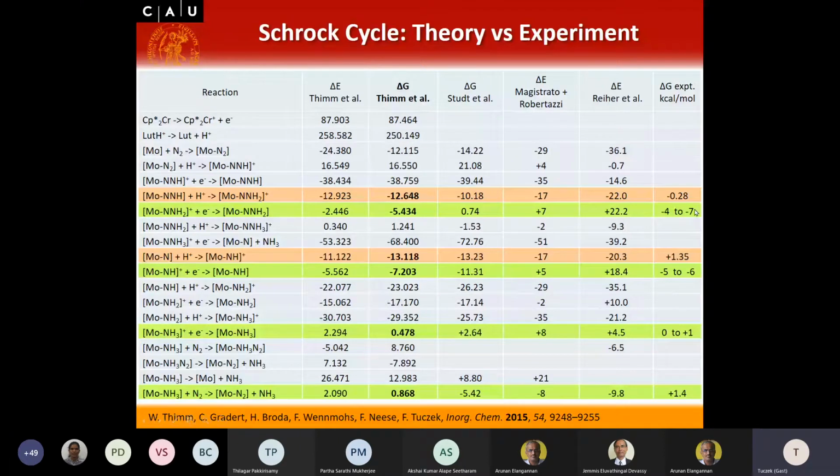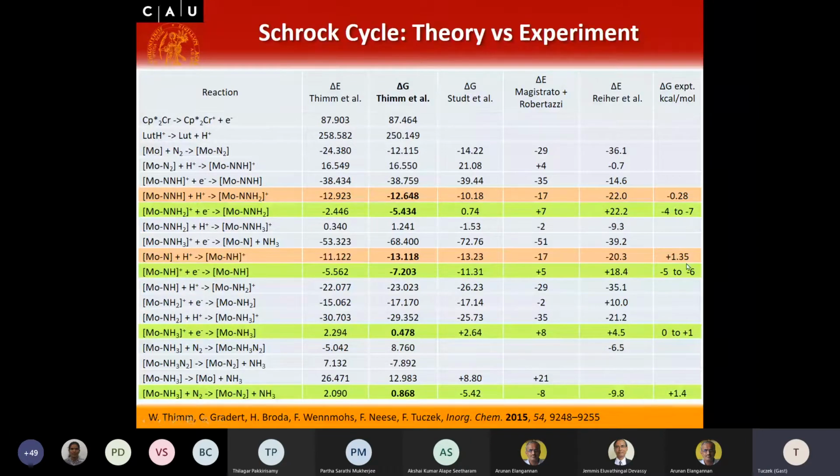So these are our calculations. For example, for the reduction of the NNH2 complex, we get -5 kcal, and experimentally it says -4 to -7. Or for the reduction of the imido complex, we get -7, and experimentally it's -5 to -6 kcal.